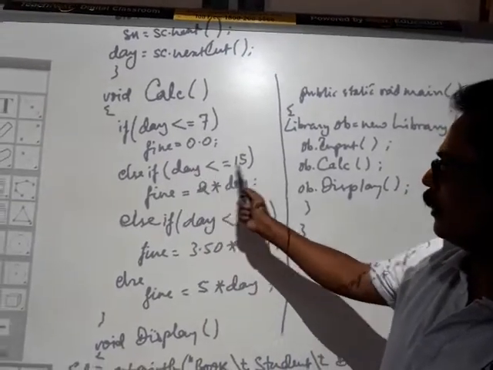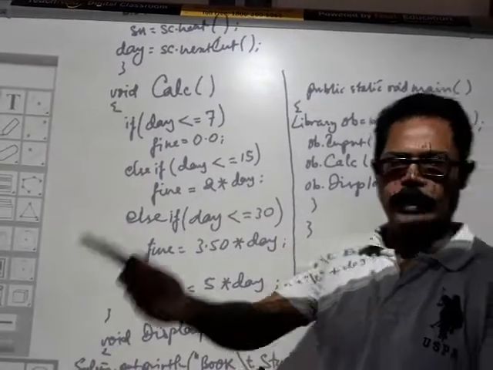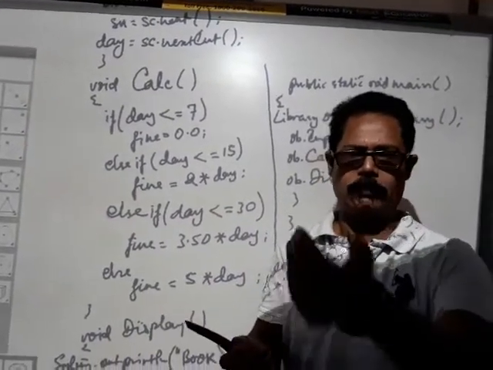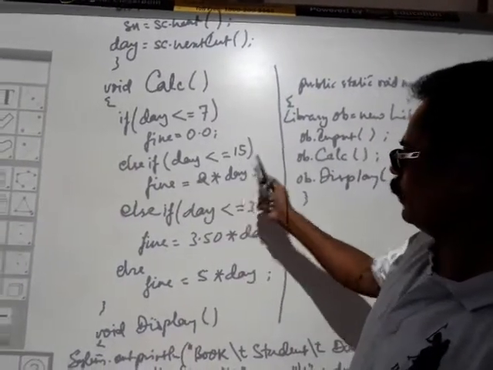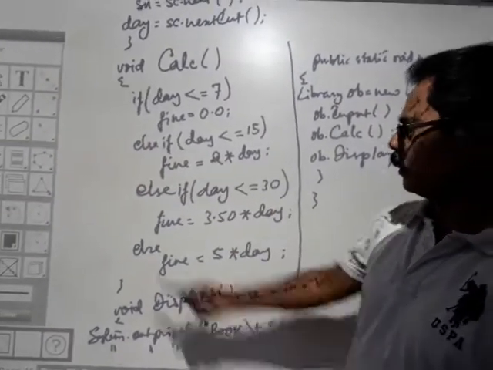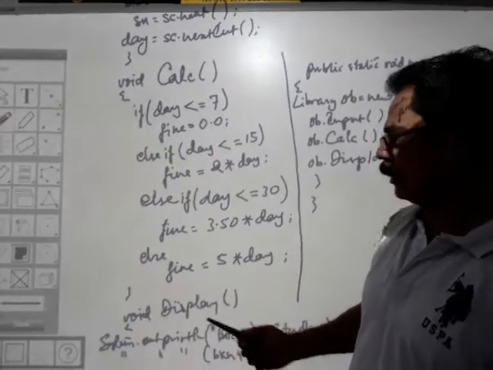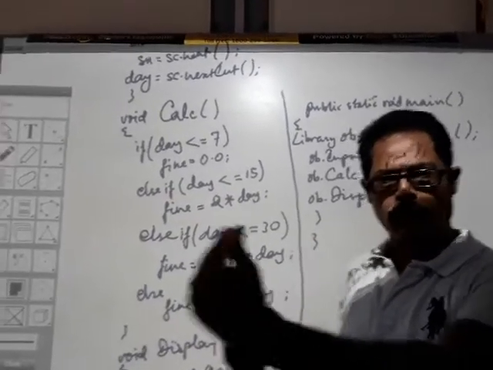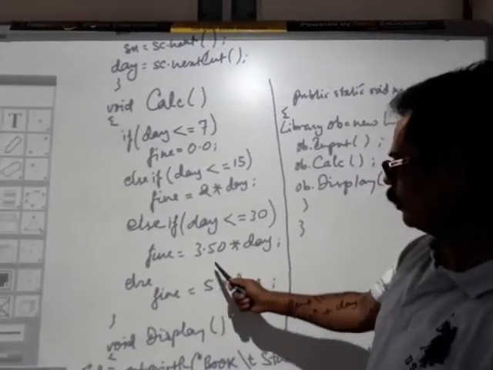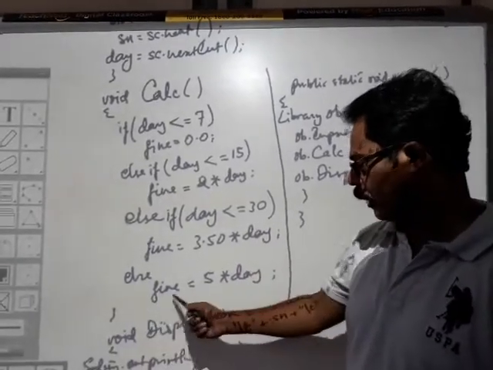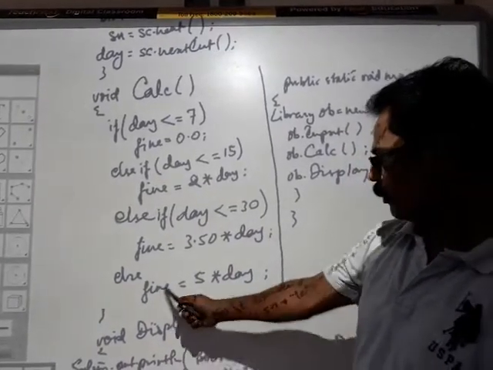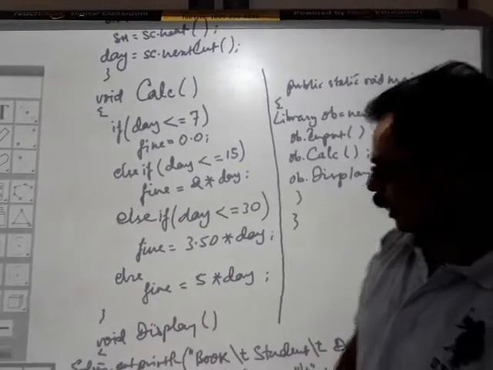Else if day is less than or equal to 15 days, in the next 8 days, meaning 7 plus 8, that is 15, then you have 2 into day. Then else if day is less than or equal to 30, that is the next 15 days, 15 plus 15 gives you 30 days, that is rupees 350 into day. And after that, beyond 30 days, fine is equal to 5 into day.